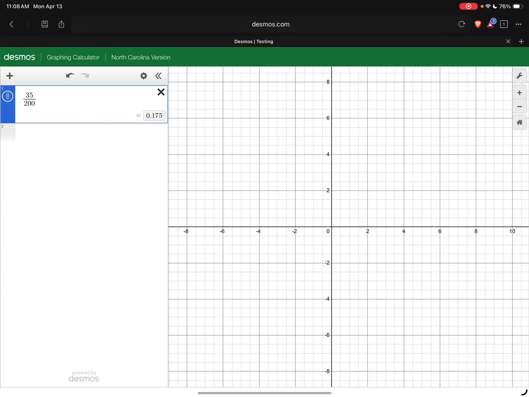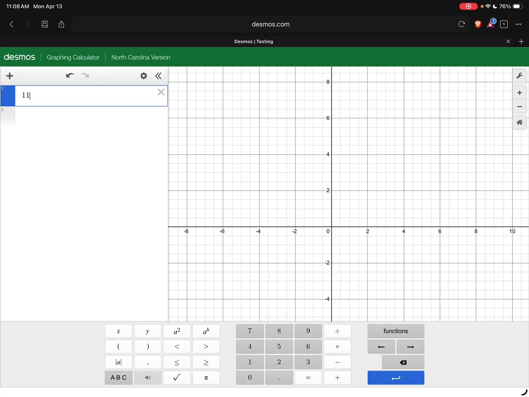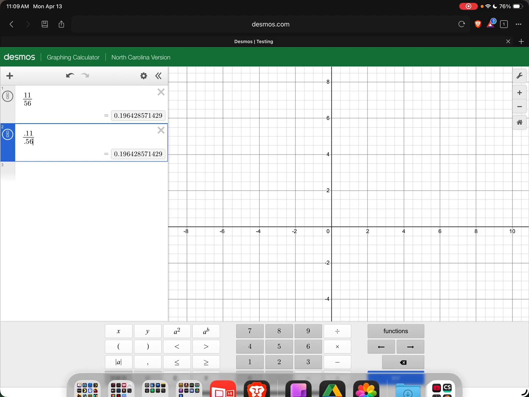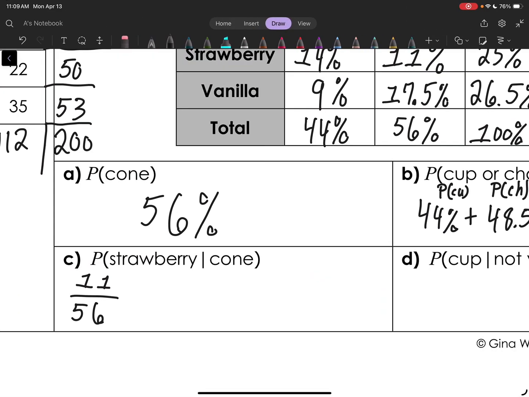I do want to show you this real quick. 11 over 56. This will give me my answer of 19.6%. If you're not comfortable putting in the percentage numbers without the decimal, that's fine. 0.11 divided by 0.56 as a decimal answer, it is the exact same thing. I just wanted to show you to make sure you're not going to mess up later. So about 19.6.